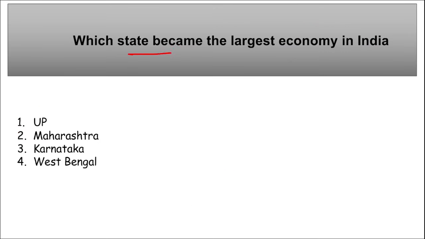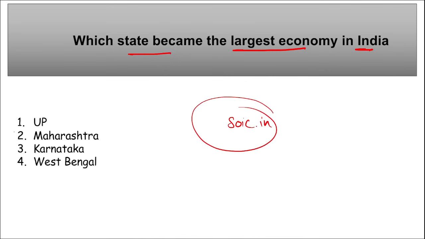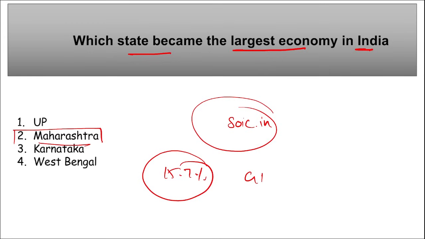Next, which state became the largest economy in India? Recently, a report was released by an online blogging platform, soik.in, and according to them, it is Maharashtra that has become the largest economy in India, with a share of 15.7% in India's GDP.